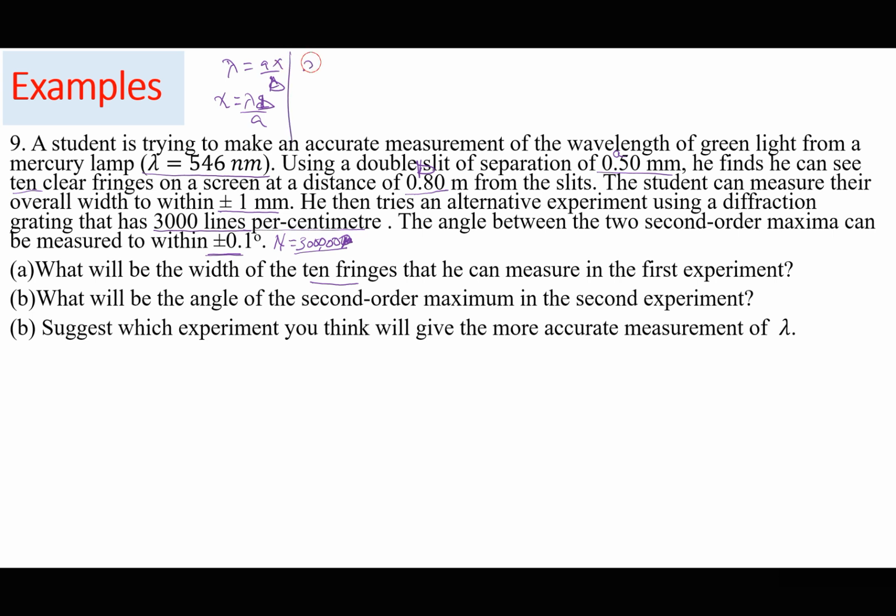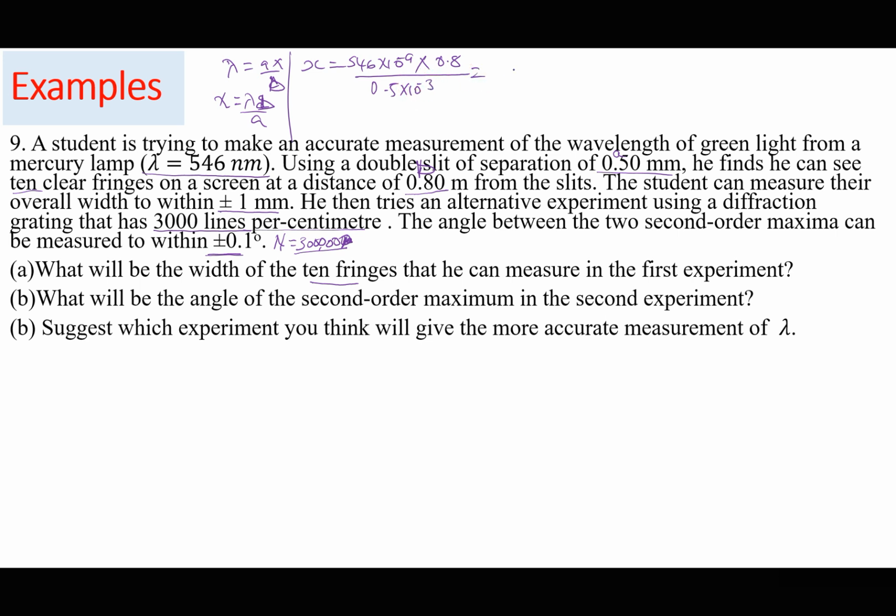So the fringe separation x is going to be equal to the wavelength, which is 546 times 10 to the power of minus 9, then times D, which was 0.8, divided by a, which was 0.5 times 10 to the power of minus 3.